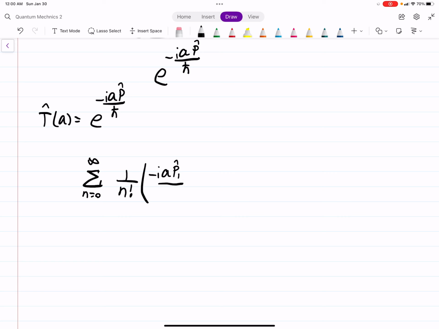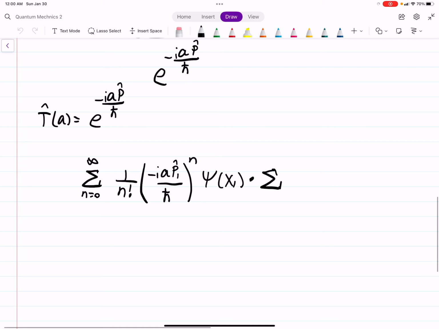This is for the first particle. Or we can say that this is psi of x1 comma x2.